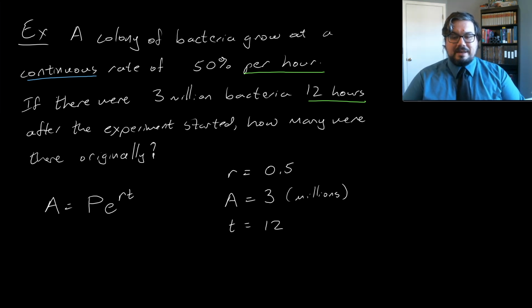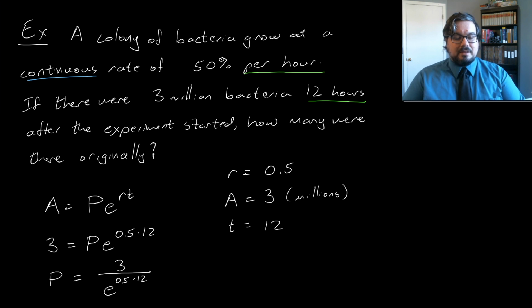So let's go ahead and use these. That tells us that 3 is equal to P, the initial amount, which we don't know, times e raised to the 0.5 times 12. And therefore, that means that P is equal to 3 divided by e to the 0.5 times 12. Just solving for P by dividing the exponential expression on both sides.